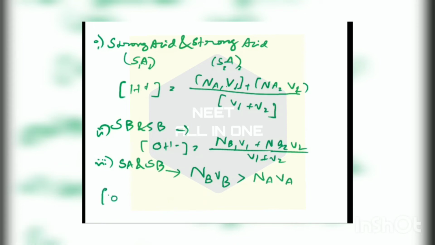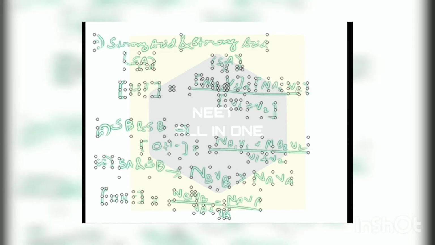Then we have to go for OH minus, that will be NbVb minus NaVa by Va plus Vb. Okay, so it is our third case.